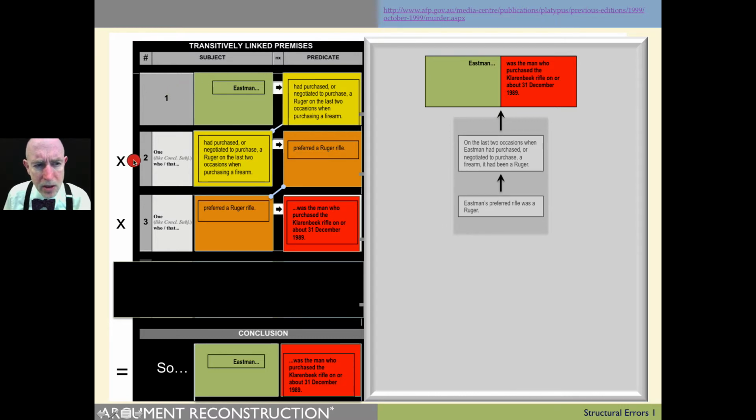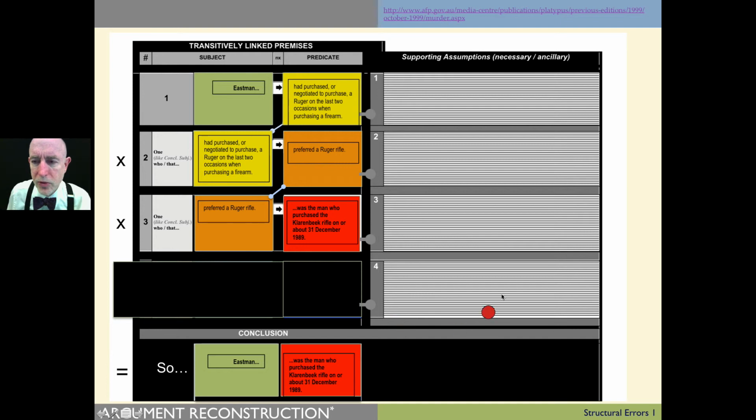Premise 2, one who had purchased or negotiated to purchase a Ruger on the last 2 occasions when purchasing a firearm preferred a Ruger rifle. Premise 3, one who preferred a Ruger rifle was the man who purchased the Clarenbeck rifle on or about 31 December 1989. Of course, our conclusion here is, so Eastman was the man who purchased the Clarenbeck rifle on or about 31 December 1989.